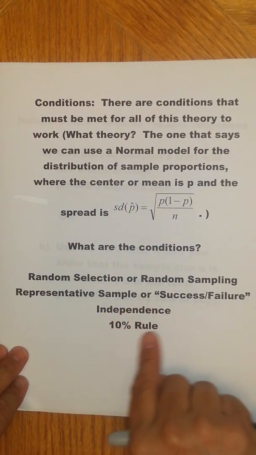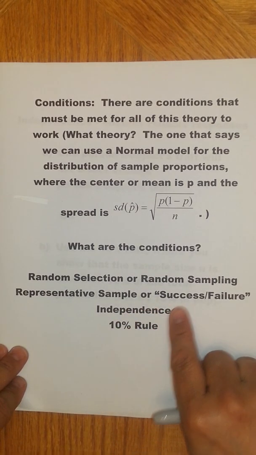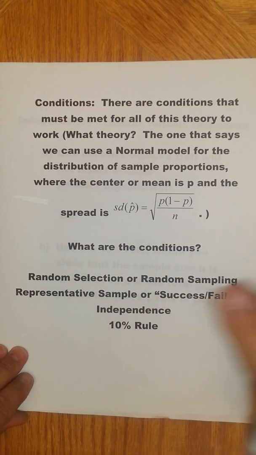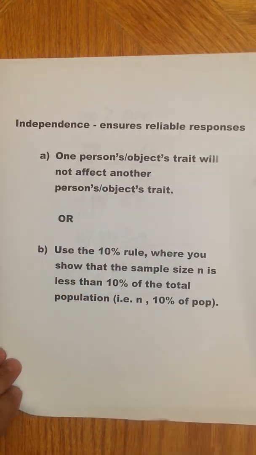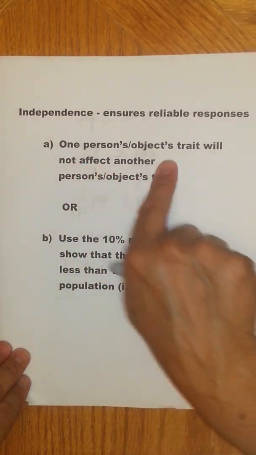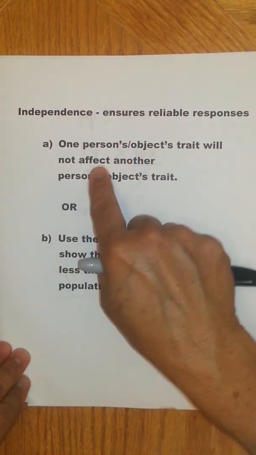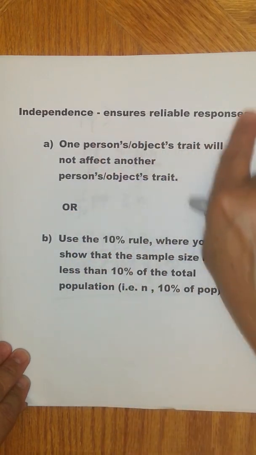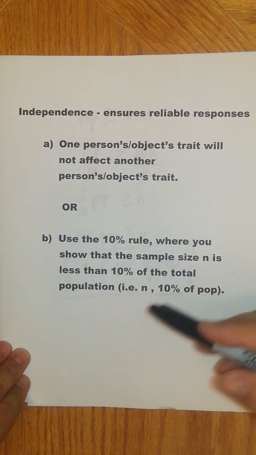It's here that they vary a little bit. Do we have to show independence and the 10% rule? Do we have to show all 4, all 3? Some of this stuff varies. I like to show it this way because I like to put that independence and then the 10% rule, in essence, has to do with ensuring that you're getting truthful responses.